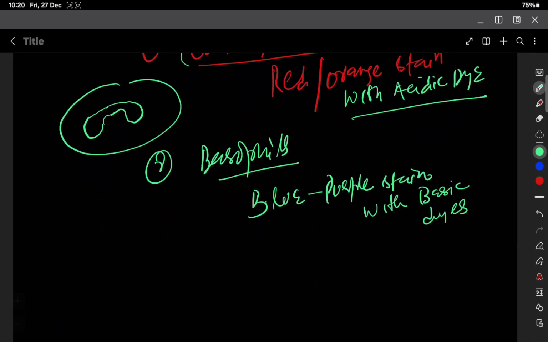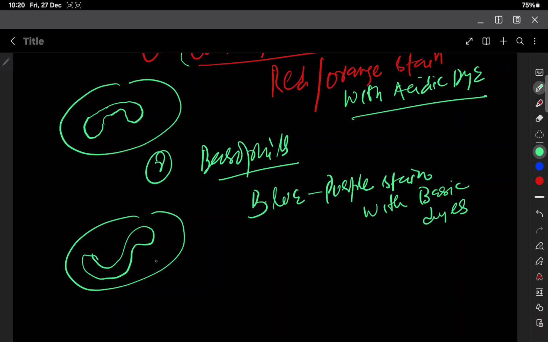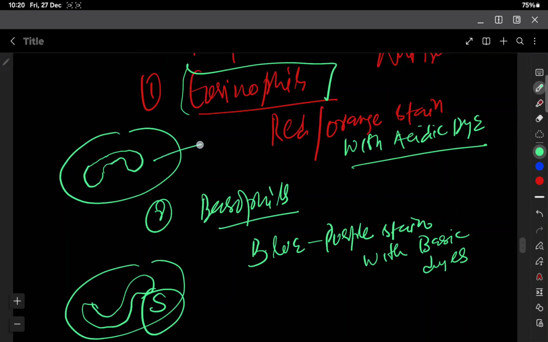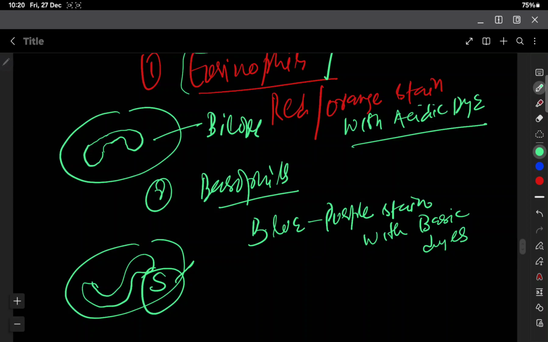It often forms the letter S, so its nucleus is like this, just like the letter S. If you want to differentiate eosinophils and basophils, eosinophils have a bilobed nucleus, two lobes, and in basophils the nucleus is S-shaped. The cytoplasmic granules are round and variable in size.